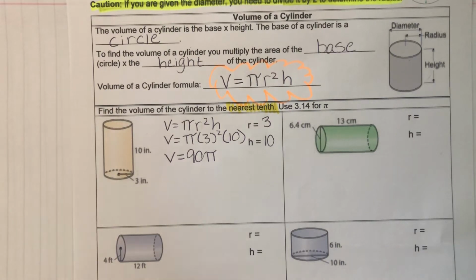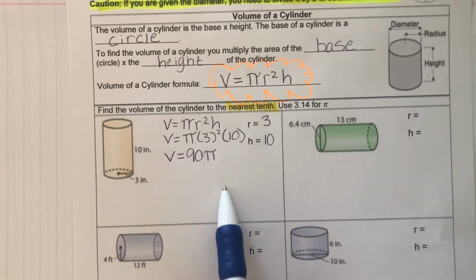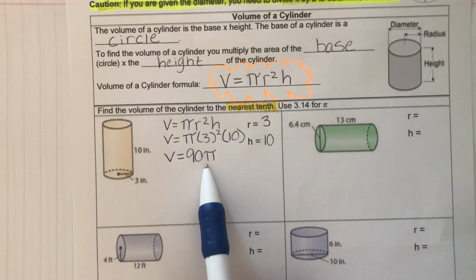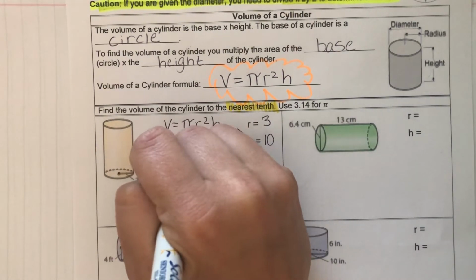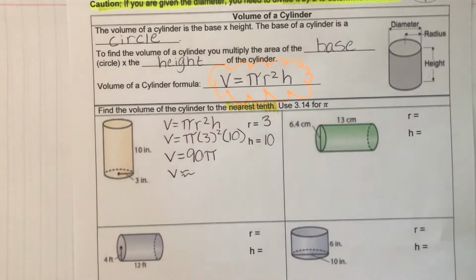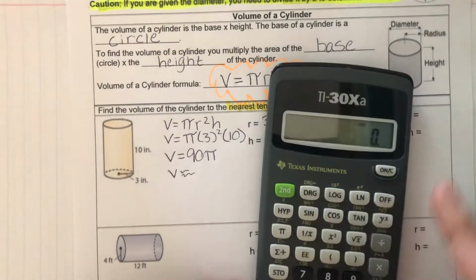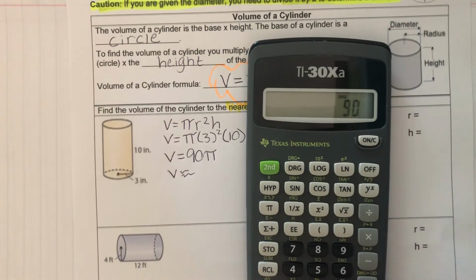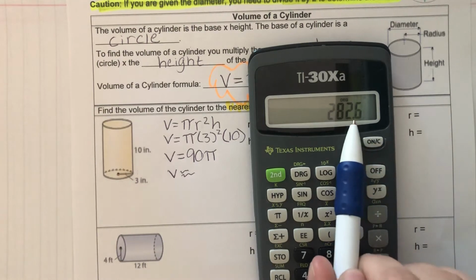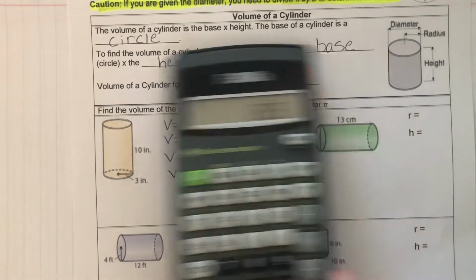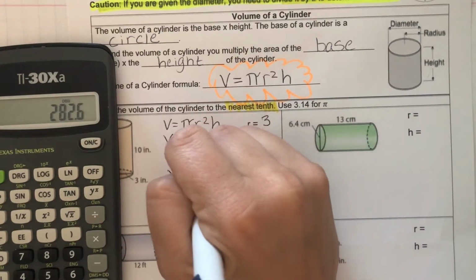Now, if we wanted to express this as a decimal, we would multiply 90 times 3.14, which would give us the approximate volume of this cylinder. So volume is approximately, so now we're just going to take 90, multiply it by 3.14, and that gives us 282.6, and this is the tenths place, so it's already rounded.